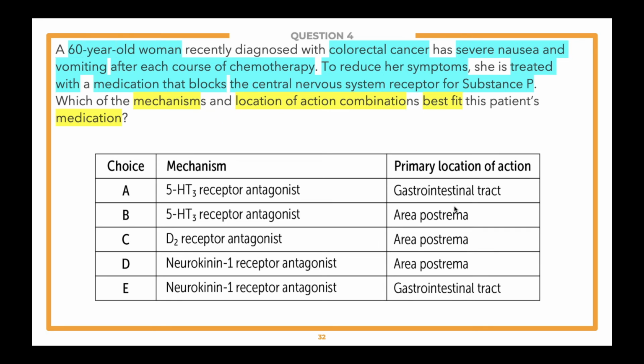Answer choice E, neurokinin 1 receptor antagonist, working primarily in the GI tract. D, a neurokinin 1 receptor antagonist, working in the area postrema. C, a D2 receptor antagonist, working in the area postrema. B, a 5-HT3 receptor antagonist, working in the area postrema. And A, a 5-HT3 receptor antagonist, working in the GI tract.